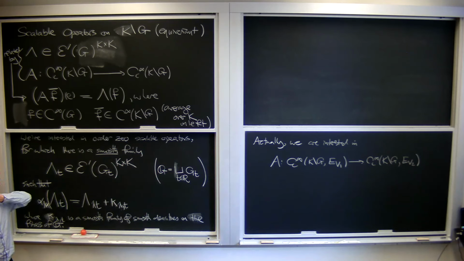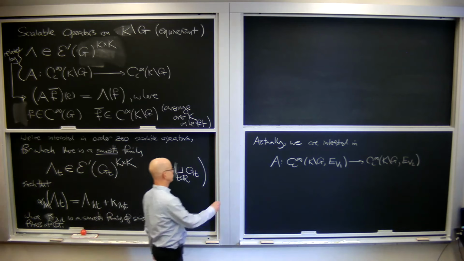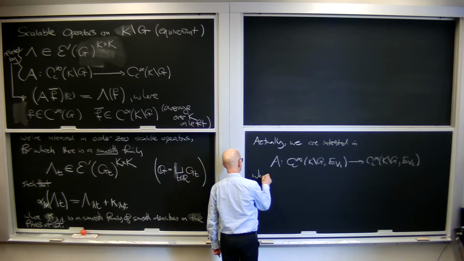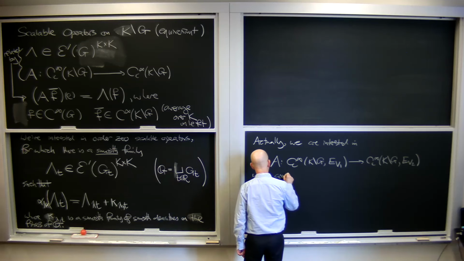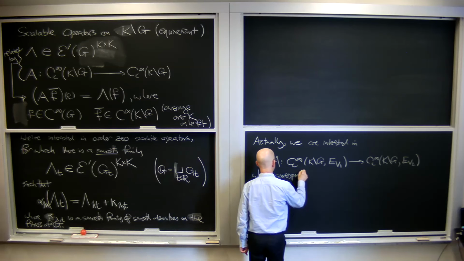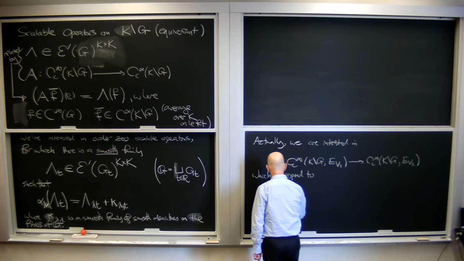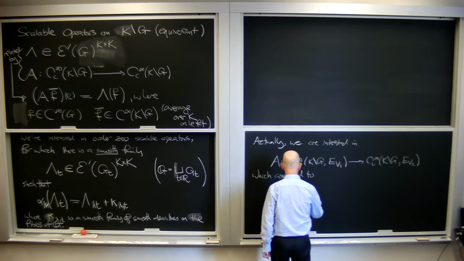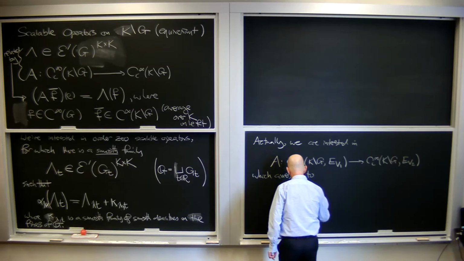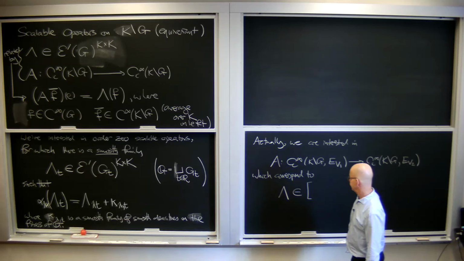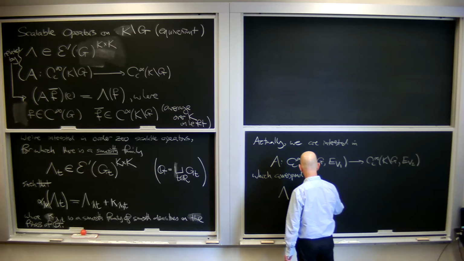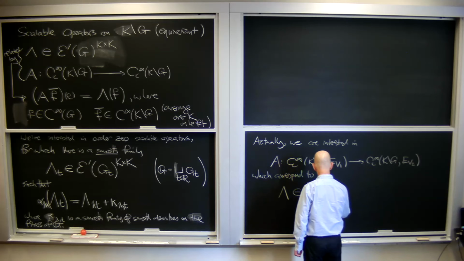And we're interested in operators like this, which are scalable, order 0. What else? Oh, G equivariant. And Eric and Bob tell you what these are too. They correspond to distributions. And where the distributions live is, well, you can think of them as living here.